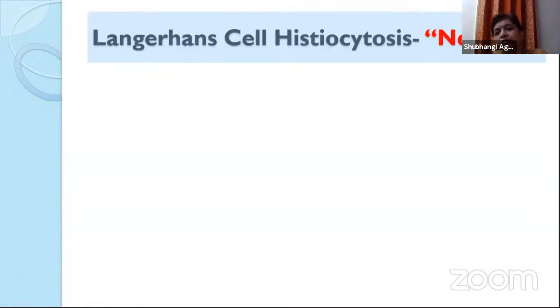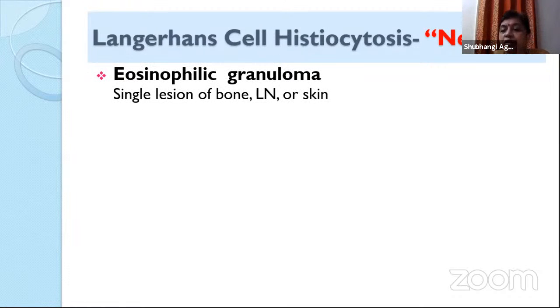So coming to the first of the malignant neoplasms of the bone marrow, Langerhans cell histiocytosis is a new terminology for the disease which was initially known as eosinophilic granuloma. It is a single lesion of bone, lymph node, or skin.